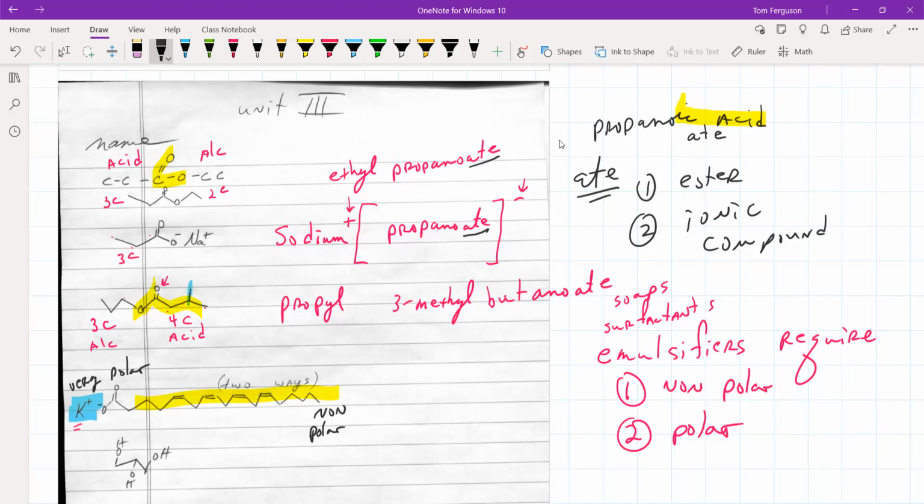Okay, now this is the potassium salt of arachidonic acid. That's a 20 carbon. So I'm going to erase these, to get more room. Okay, so first way to name it, arachidonic acid.